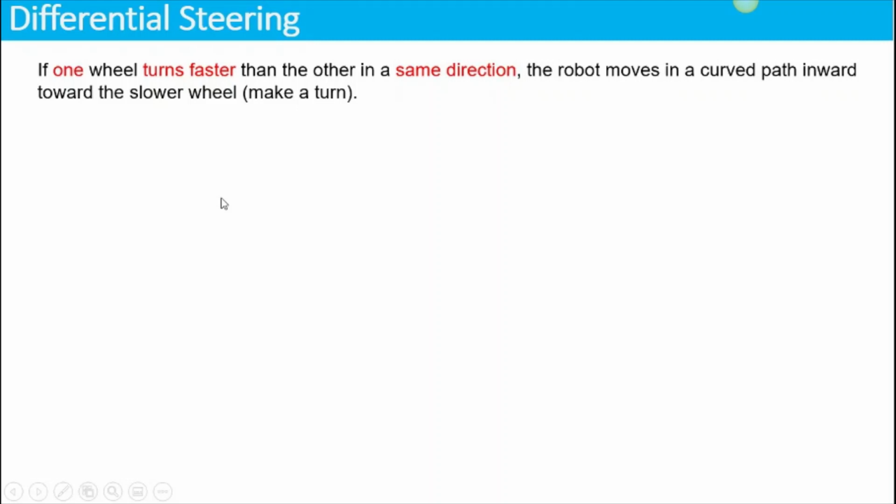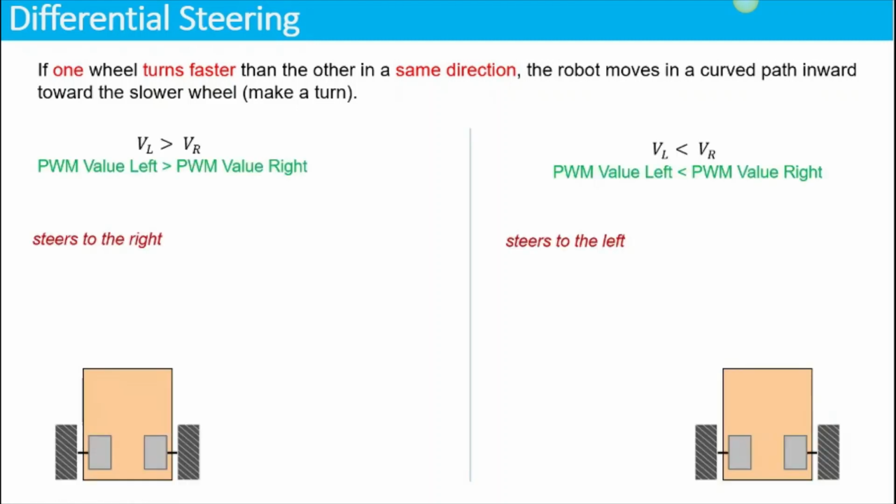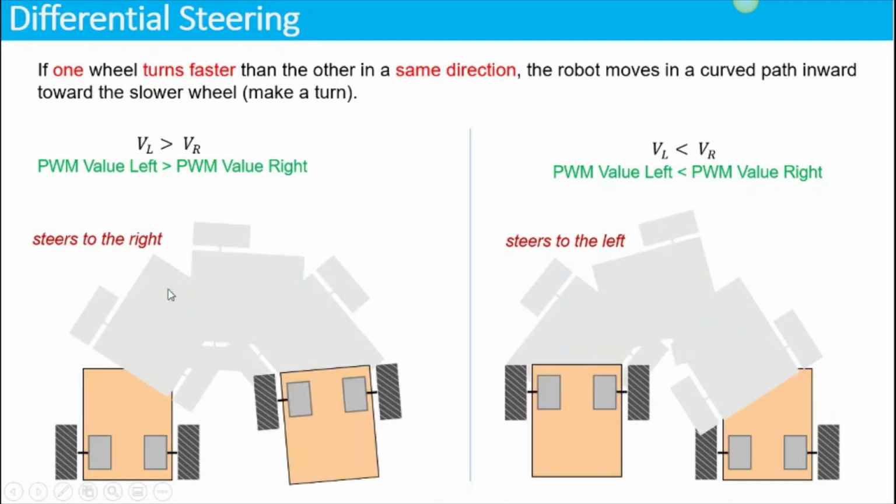But what if you have a different speed but still in the same direction? So in this case, for example, the left speed is greater than the right speed, or the right speed is greater than the left speed, but still in the same direction. With this condition, your mobile robot will steer to the opposite side, right?